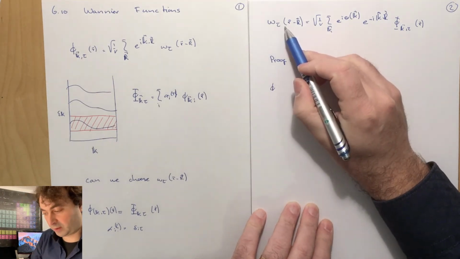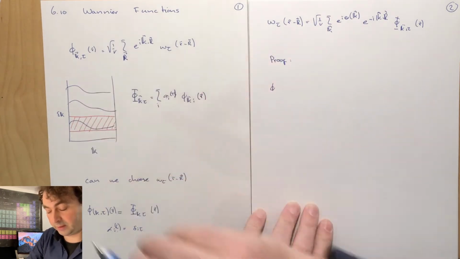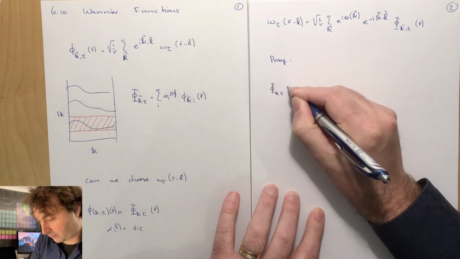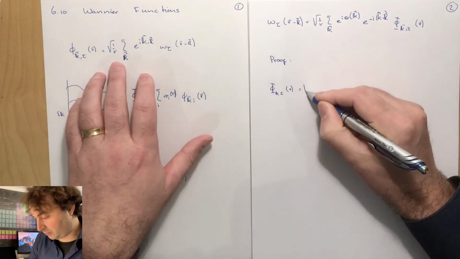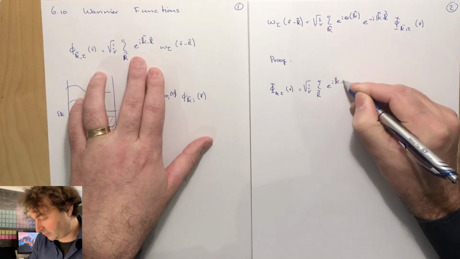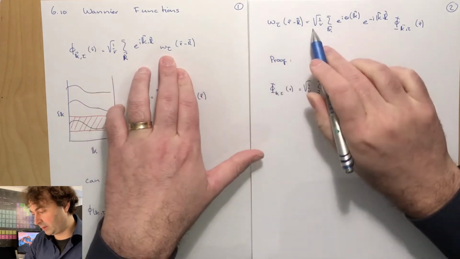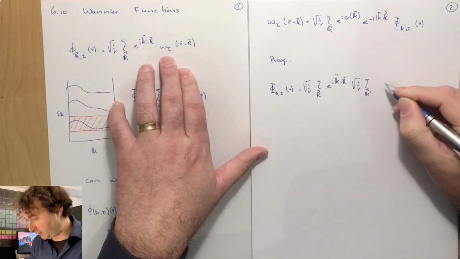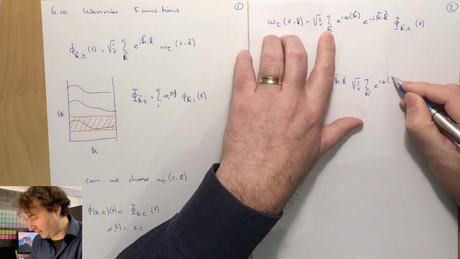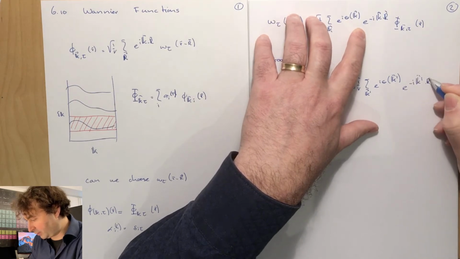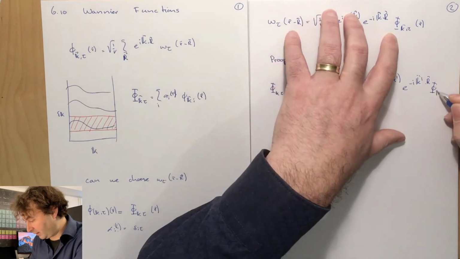So I can take this Wannier function, this local function, put it into our definition of a Bloch wave and see what my Bloch wave will be, which is the sum, 1 over square root of V, the sum over all lattice sites, e to the i k dot r, and now I have to put in my Wannier function, sum over k prime, e to the i theta k prime, e to the minus i k prime dot r, and then the band eigenstate at k prime with quantum number tau or band index tau.